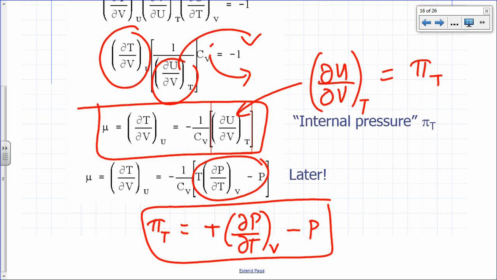What's the nice thing about this equation? You're expressing a partial derivative that involves internal energy, which is an abstract thing that we invented, in terms of tangible things that you can measure and control in the lab. Temperature, you can measure temperature. Volume, you can control volume, easily. Partial of P with respect to T.